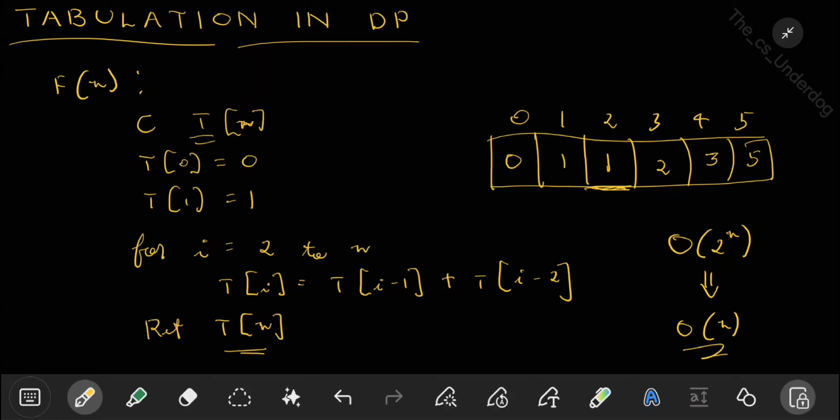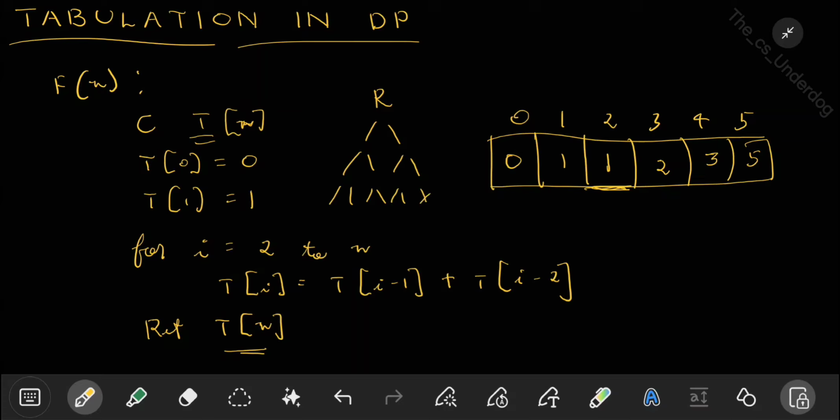We know both in case of memoization as well as tabulation, you have to store all the results of function calls. But in case of memoization, there is additional overhead due to recursion. There is recursive call going on. So whenever you call a recursive function again and again, what happens?